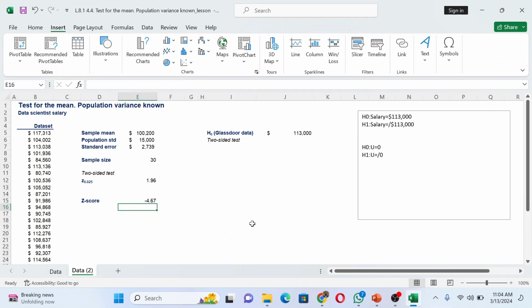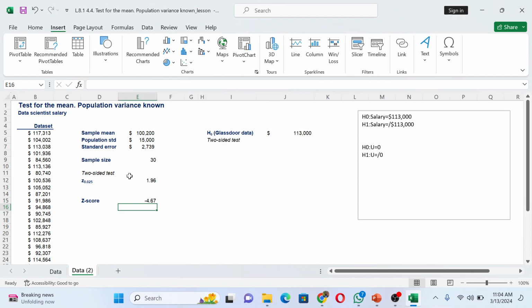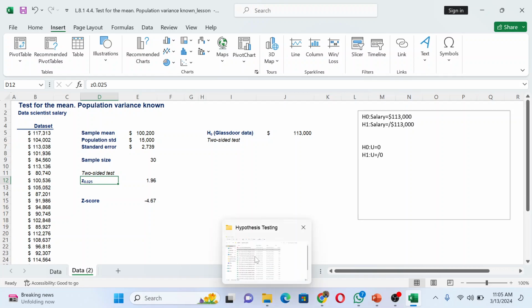So that is it. The next thing, according to our notes, we have the test statistic. We now need to look for the critical value. Are we together? The critical value at a 95% confidence level, and it is two-sided. We go to our table to look for 0.025. So our Z table, where is it?